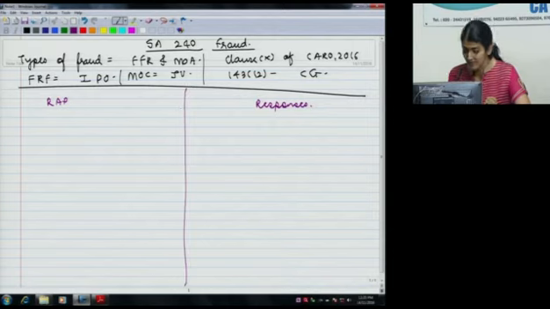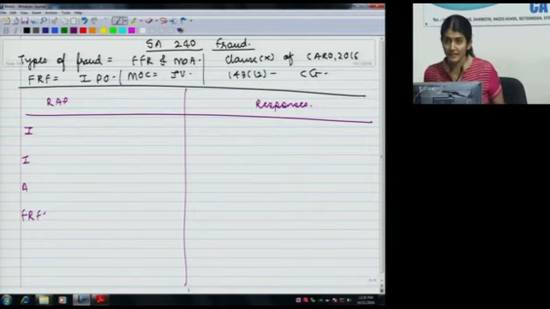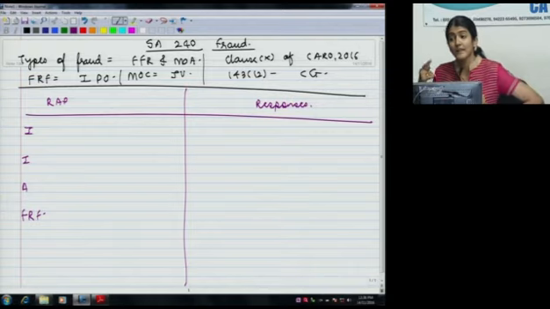Right, risk assessment procedures, they were IIAFRF: inquiries of management and others within the entity, inquiries of TCWG, analytical procedures, and the evaluation of the fraud risk factors. Inquiries of management: have they done the risk assessment due to fraud? What are the responses of the management to the risk assessed?